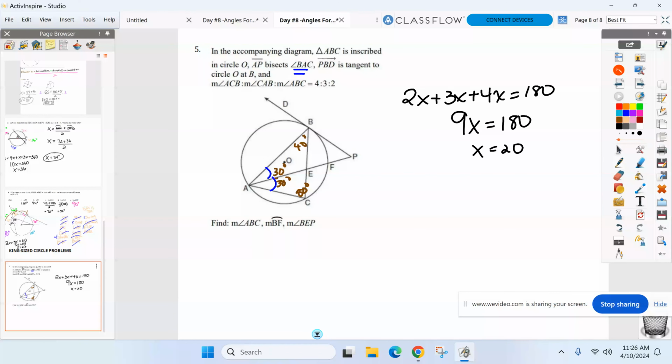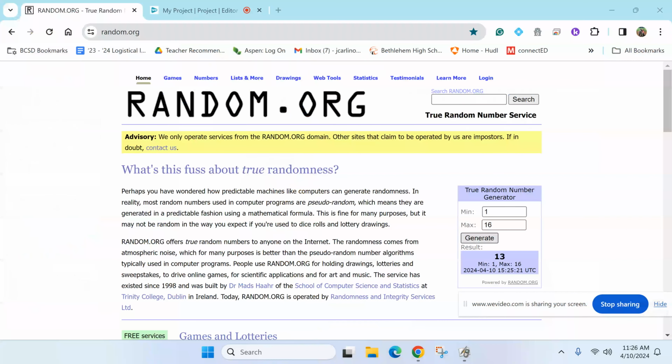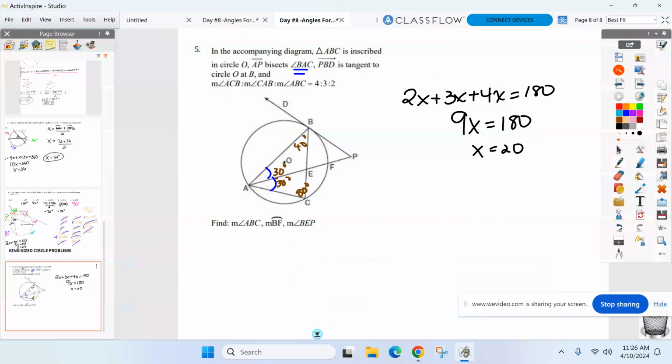How do those angles help us find the arcs then? What type of angles are angle C, angle B, and angle BAC in the circle? Steve? Inscribed. And I know I take half the arc to get them.